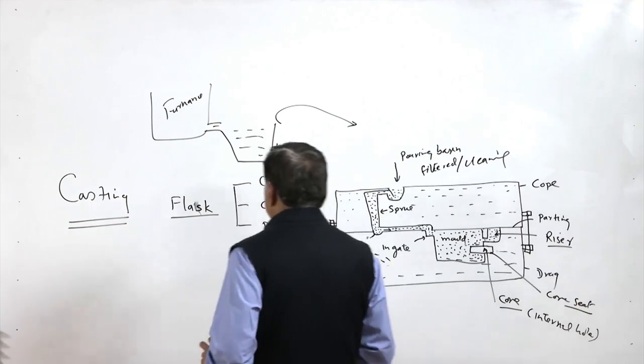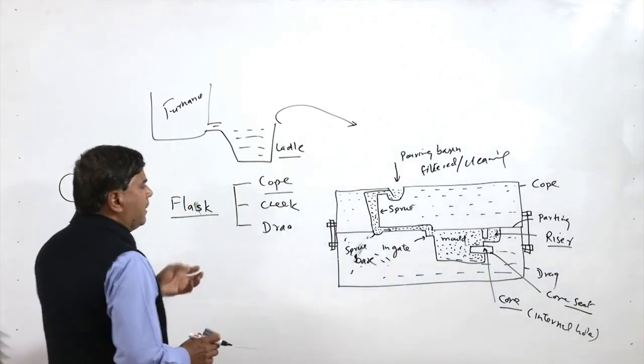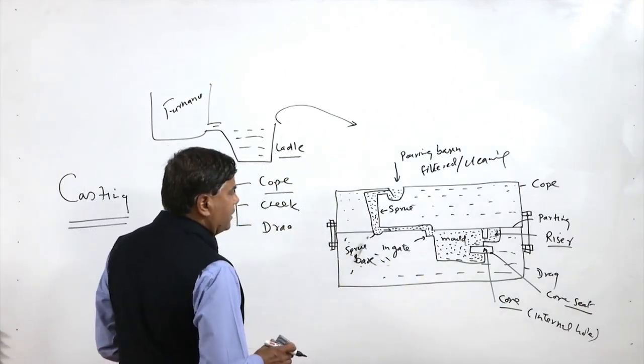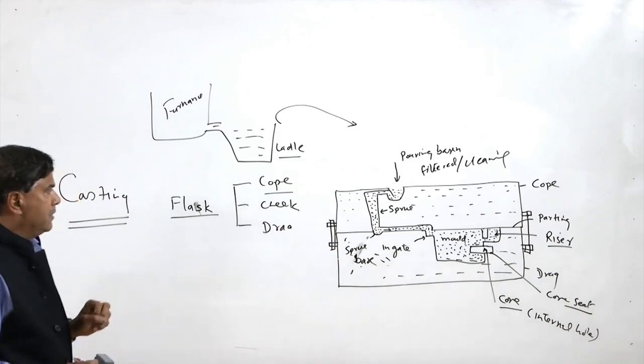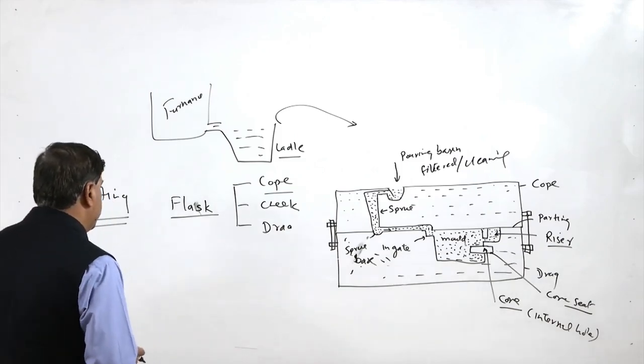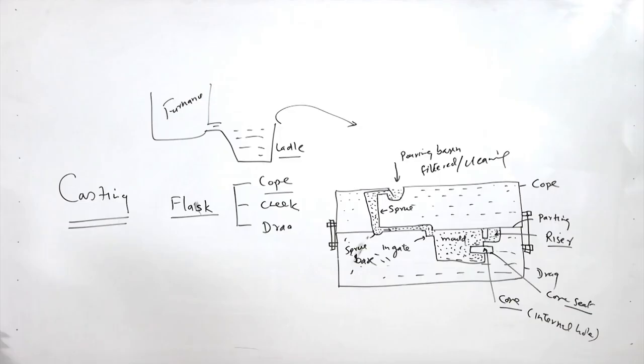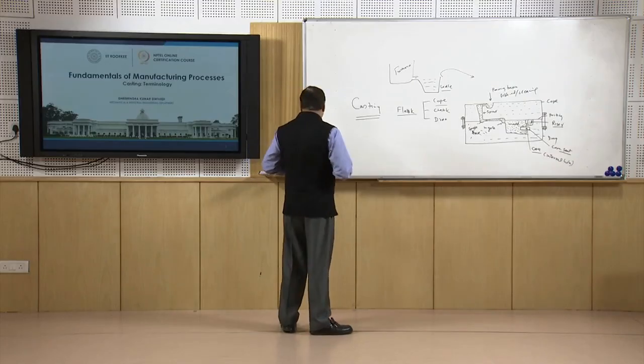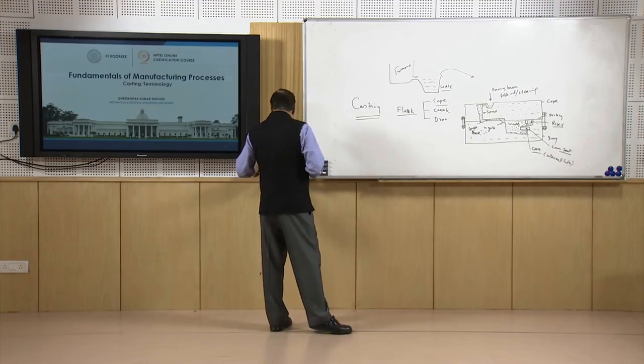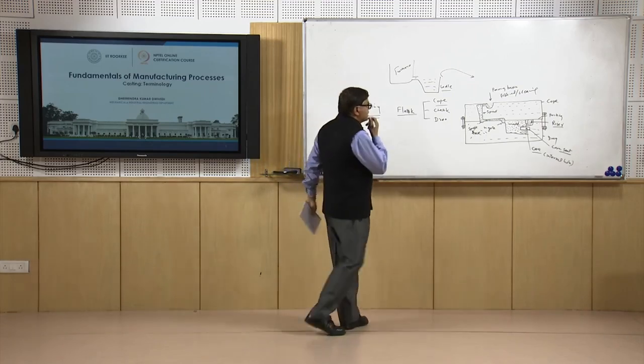So, that is the kind of arrangement which is used. Normally a detachable locking arrangement is used in the flasks in order to avoid the separation of the flasks.